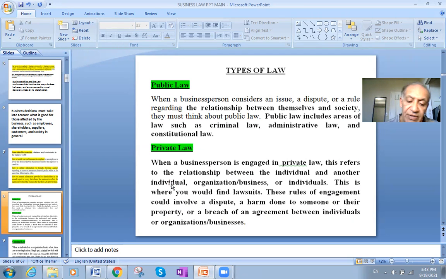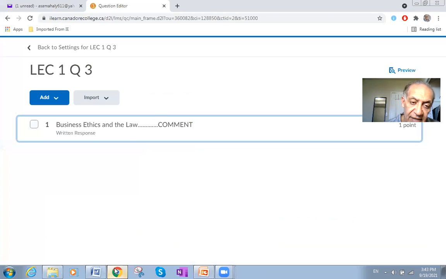We'll stop here on these 3 questions for a few minutes till you are done. Then we will move to a new part, which is the types of law, or types of business law. Thank you so much. Let's work on it.